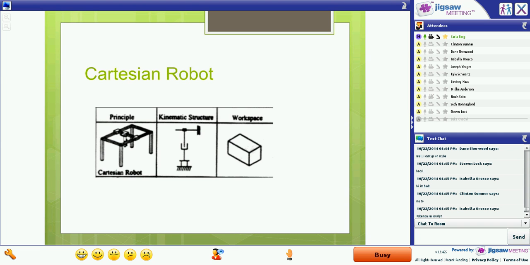The structure of it is in the middle, a sample one. Obviously, there are more complex Cartesian robots, but this would be a simple one. And then the workspace. The workspace of a Cartesian robot is a rectangular box.